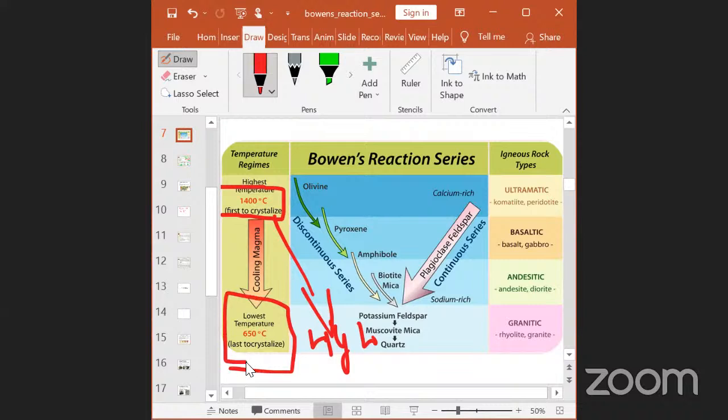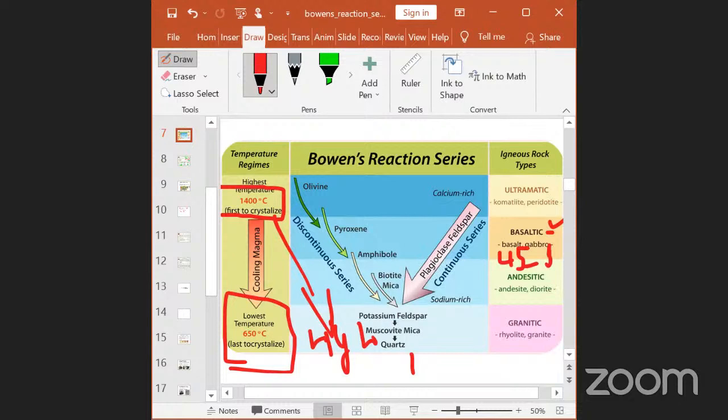With decreasing temperature, let's suppose we have a magma of basaltic nature, with silica percentage of 45 to 55%. This is how it crystallizes.